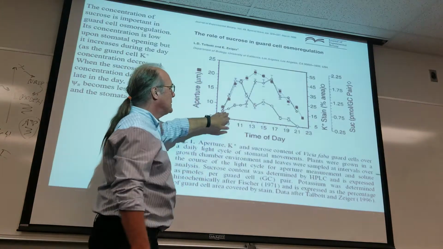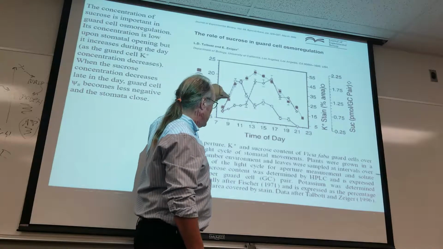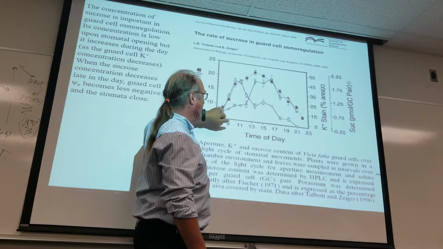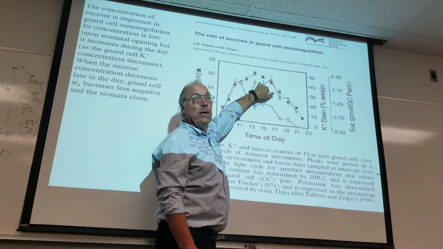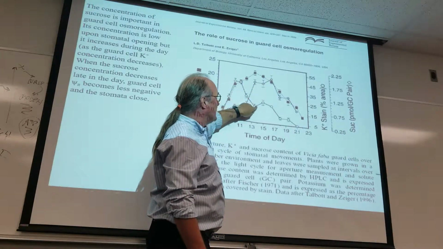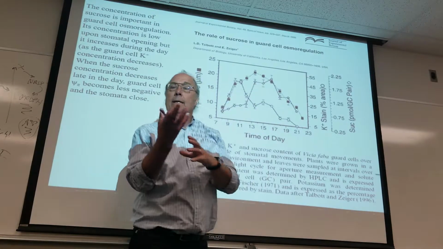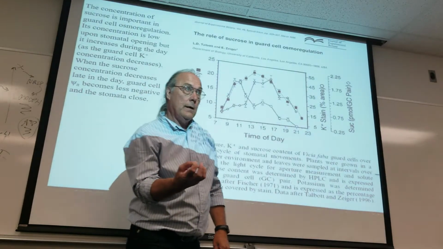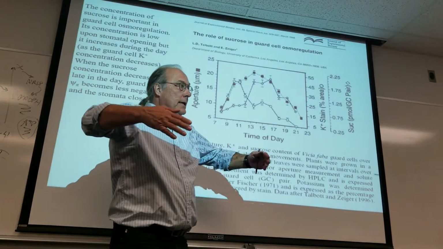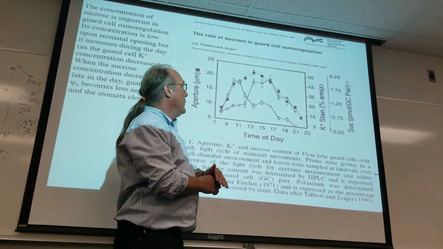If you look at the sucrose production, when the guard cells open and the potassium accumulates, eventually the sucrose concentration gets high. As the potassium concentration decreases, sucrose concentrations are increasing. That keeps the osmotic potential low in the guard cells and keeps their pressure potential high, their volume high, and the pore open.